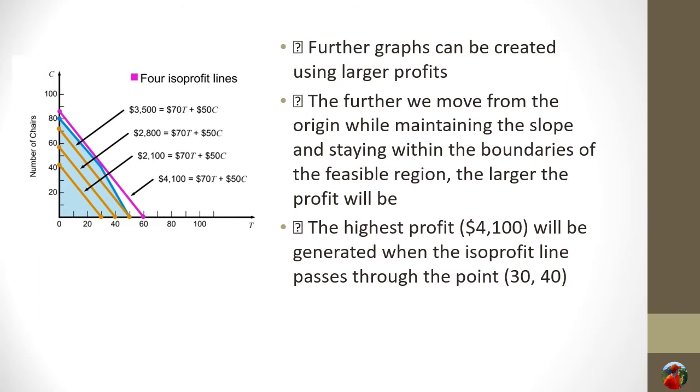As the profits increase, we move away from the origin while maintaining the slope and staying within the boundaries of the feasible region. The larger the profit, the better, and the highest profit will be generated when the profit line passes through the point 30, 40.